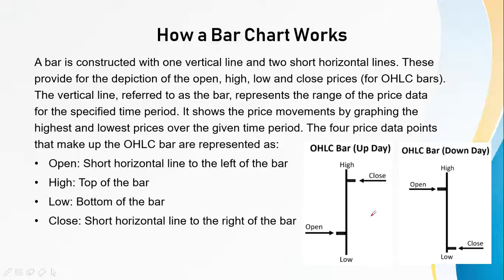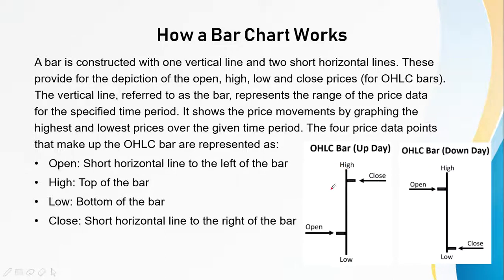A bar is constructed with one vertical line and two horizontal lines. These provide for the depiction of the open, high, low, and closing prices, which is why they are known as OHLC bars. The vertical line, referred to as the bar, represents the range of the price data for the specific time period.